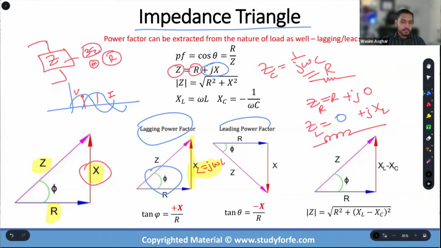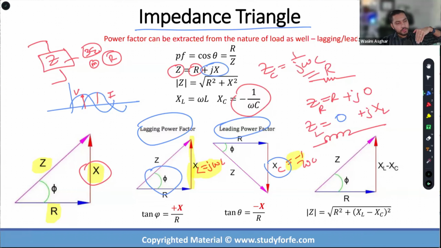And when we have a leading power factor, we have XC, okay? X is equal to XC. If you check out the reference handbook, it is defined as minus 1 divided by omega C, emphasis on the negative sign, right? So this is going to flip the arrow downwards.